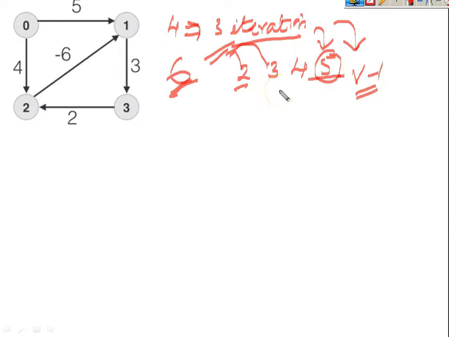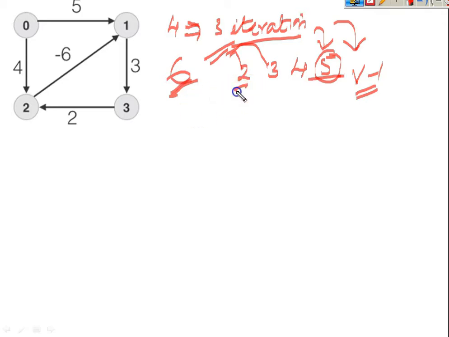Now what does it mean? When I say that you may get the answer in the second or third iteration, what we are actually doing is finding the d value at each iteration by doing the relaxation.